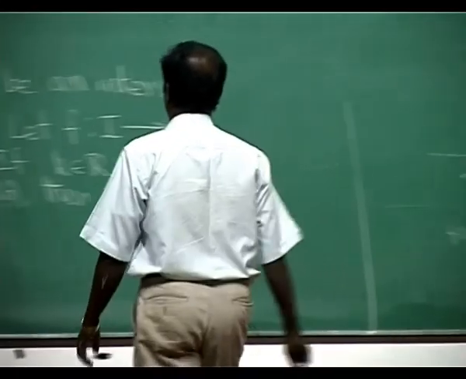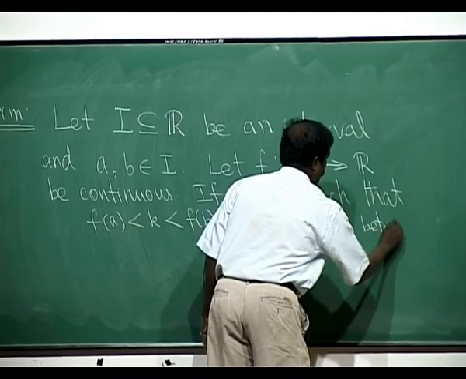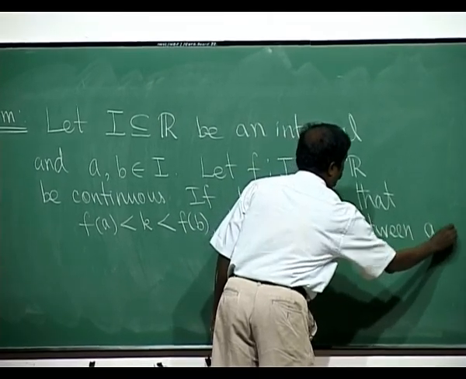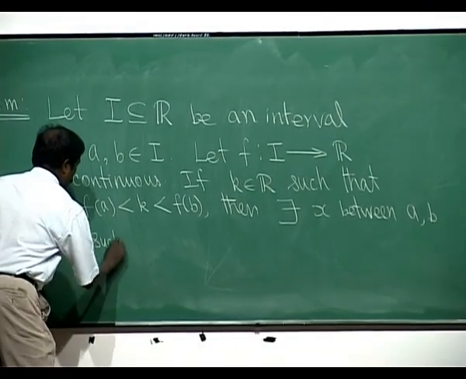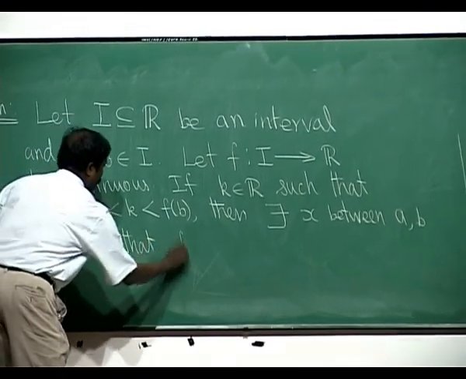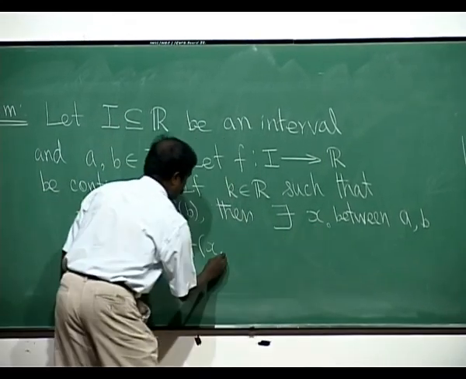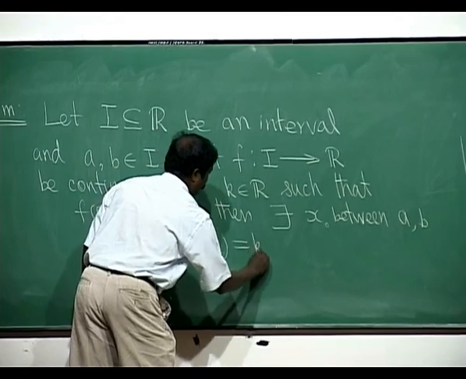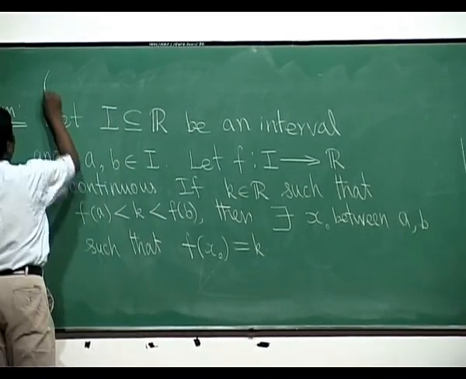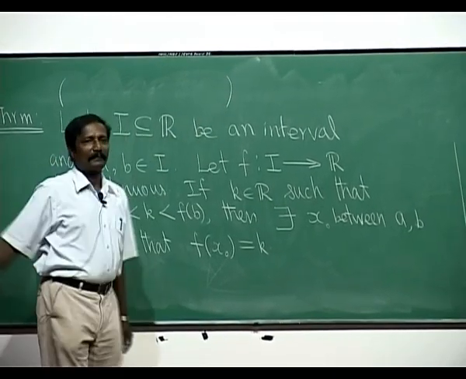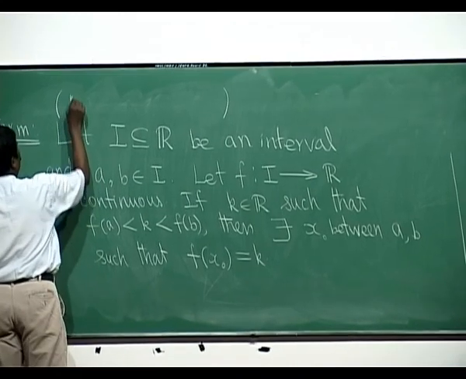So there exists an x between a comma b such that f of x, maybe let me call x0, equal to k. This is called, exactly, thank you, intermediate value theorem.